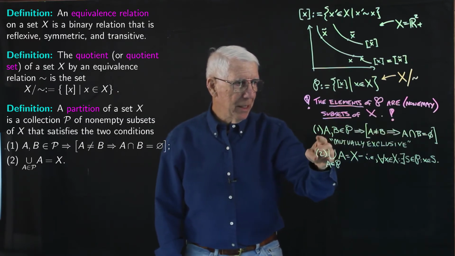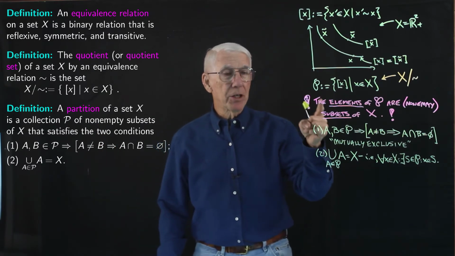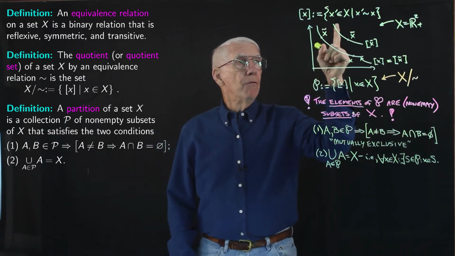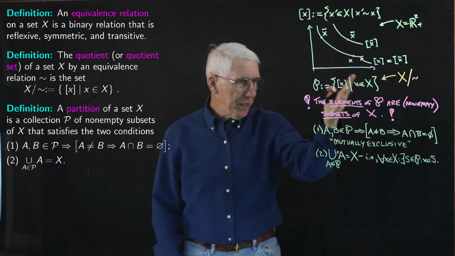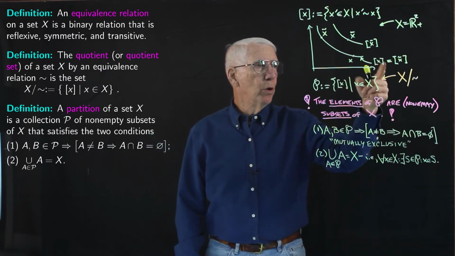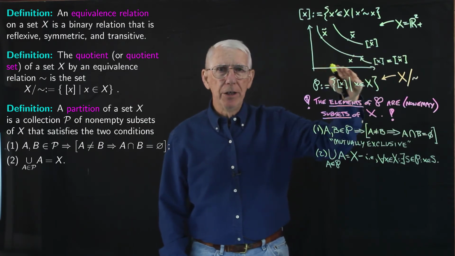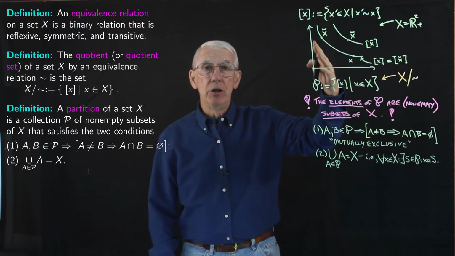They'd be non-empty, satisfy 1, satisfy 2, so therefore that's a partition, and that means that for any equivalence relation, we can do exactly the same thing. Everything we did here did not depend on this equivalence relation being indifference among bundles or alternatives for an individual to choose from.